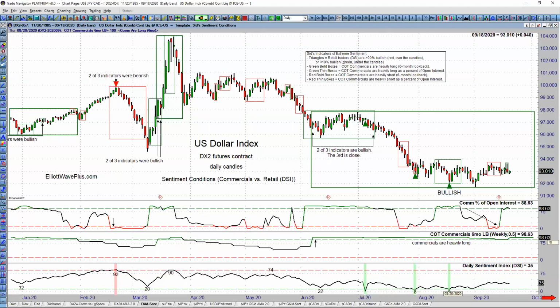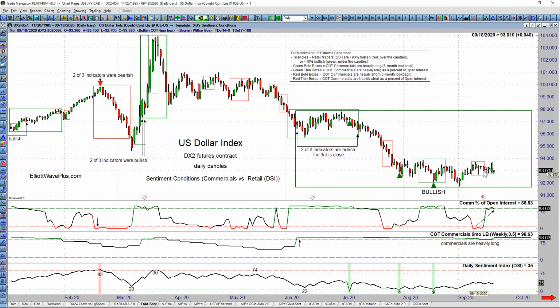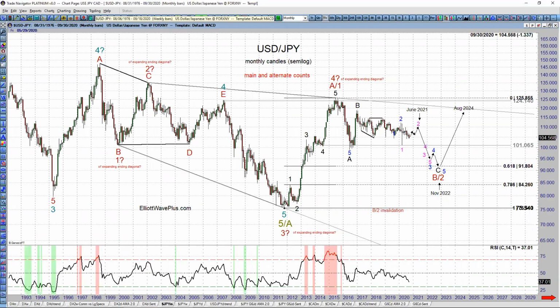Sentiment on commercials are heavily long via the 6-month look back, and they are also back to heavily long the dollar as a percent of open interest. So the sentiment conditions are bullish for the dollar.